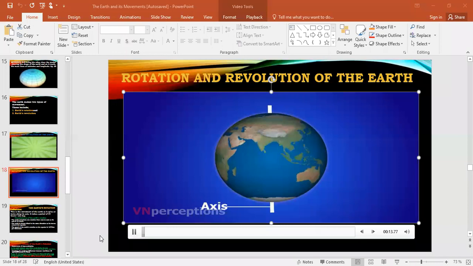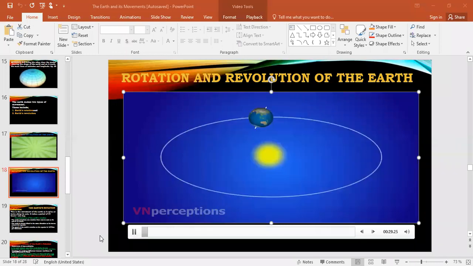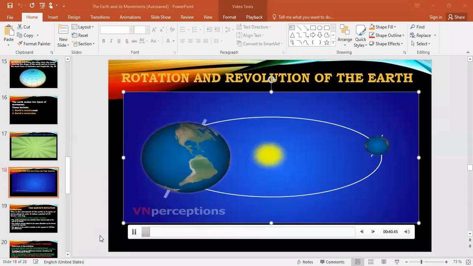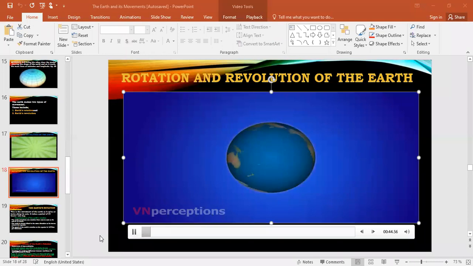Now this axis is tilted at an angle of 23.5 degrees from the vertical. And with this tilted axis, the earth revolves around the sun, and that is known as revolution. So these are the two important motions of the earth, that is rotation and revolution.